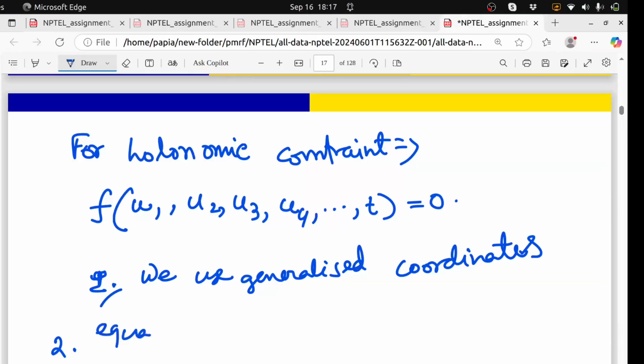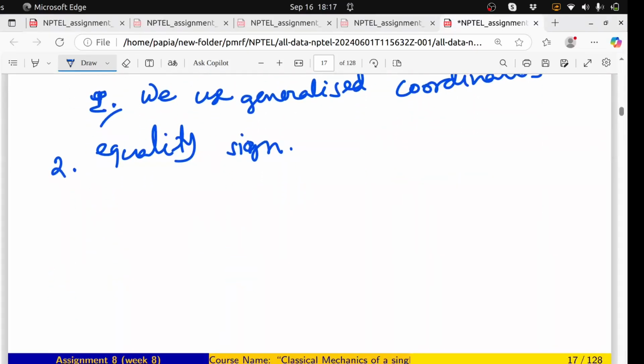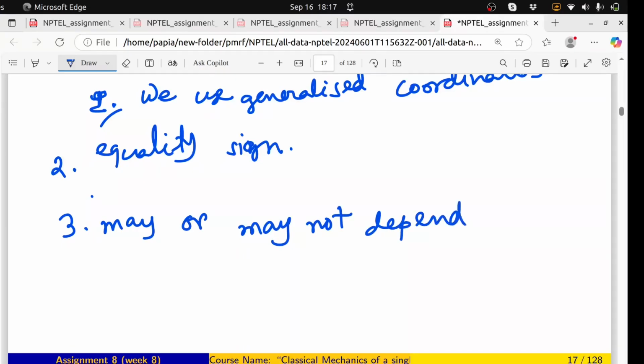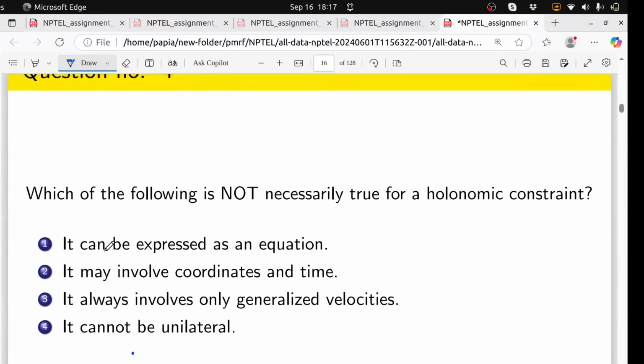It is an equality, and it may or may not depend on time. Now coming to the options: it can be expressed as an equation, that is true.